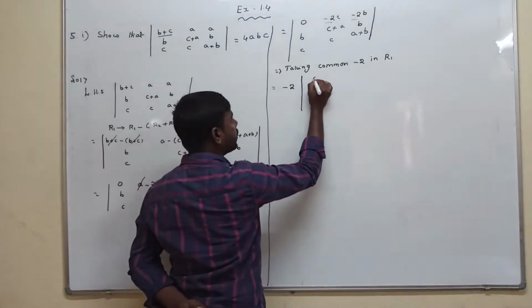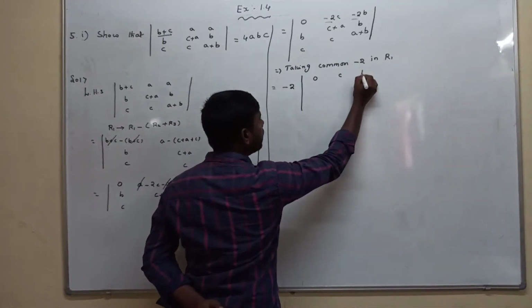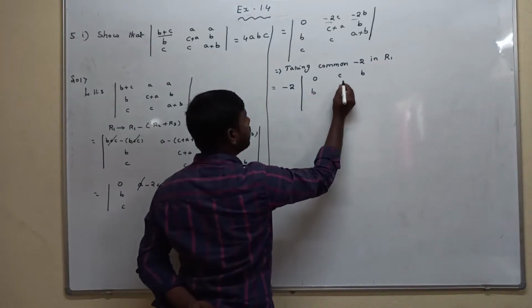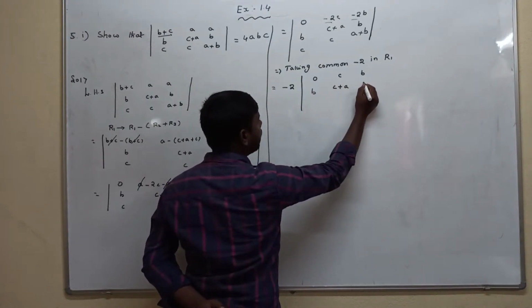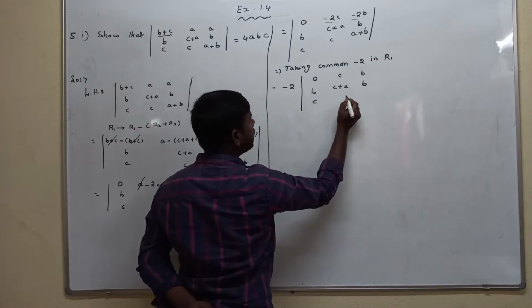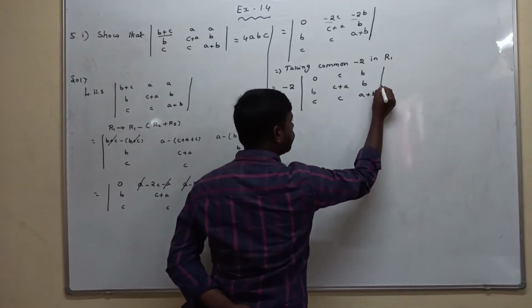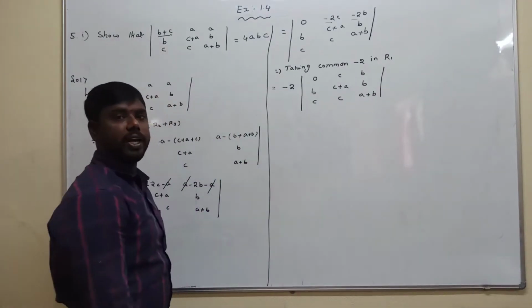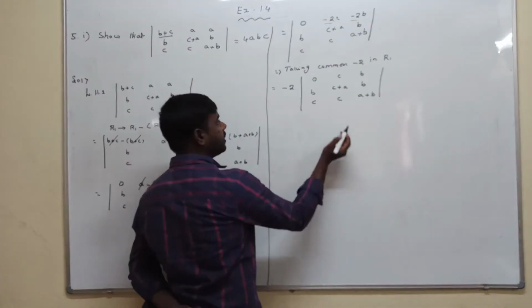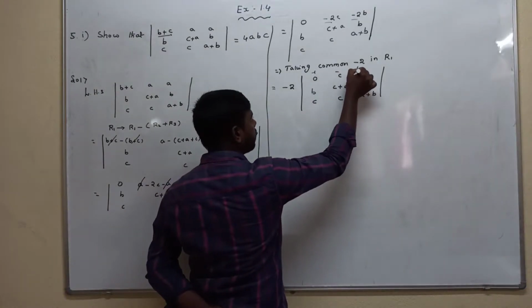The first row elements are now 0, C, B. Then C plus A, B, C, and A plus B. Now we apply the determinant expansion with the sign pattern plus, minus, plus.